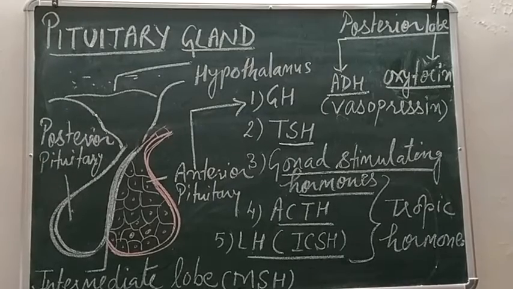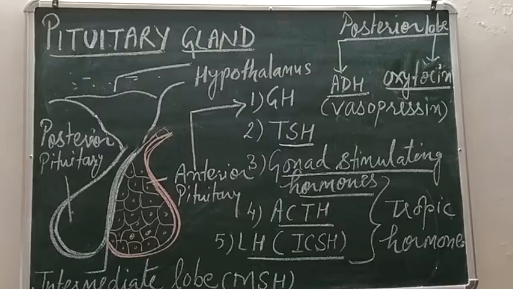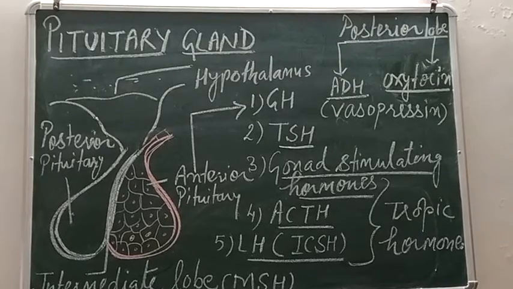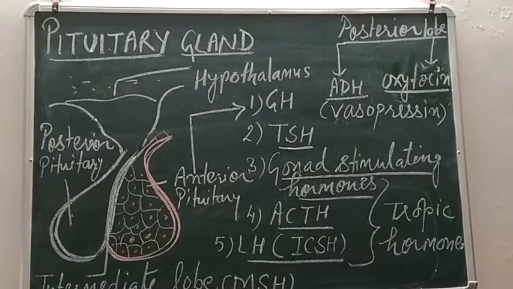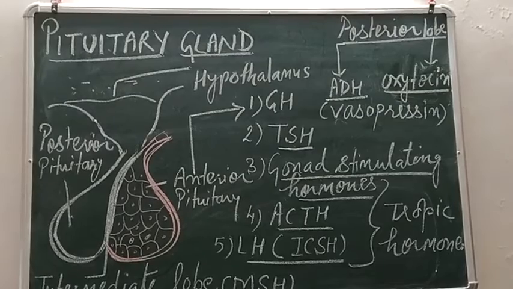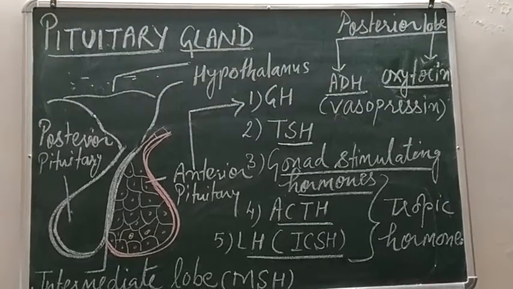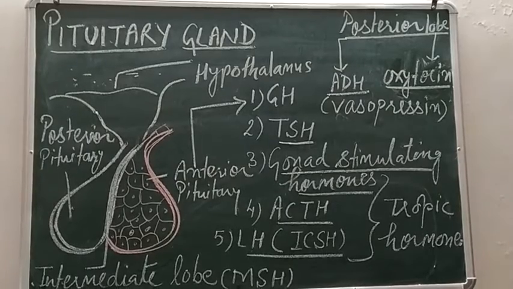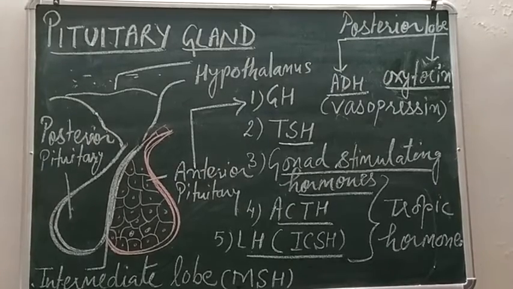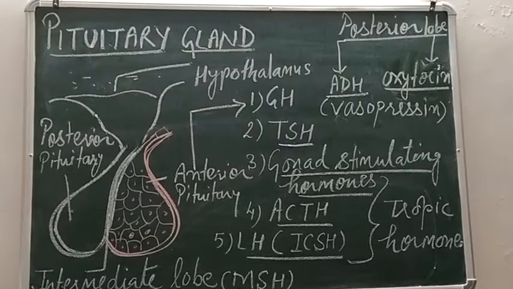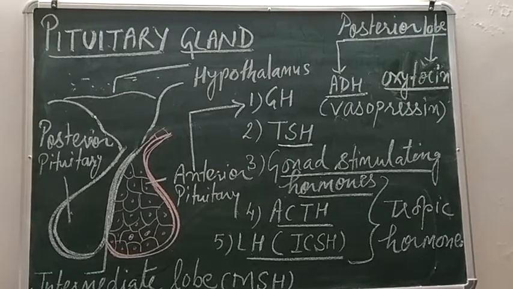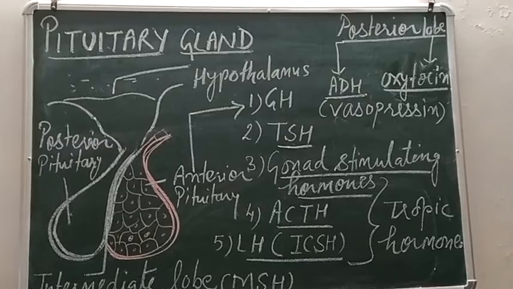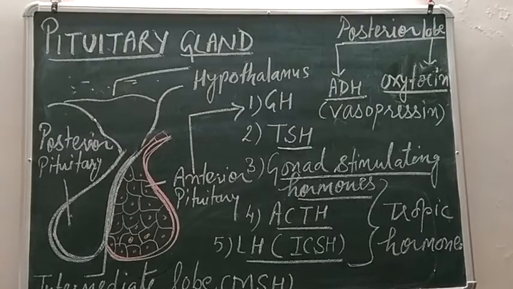Diabetes insipidus means in this condition there will be loss of water from the body. That means a large amount of urine formation will take place due to deficiency of ADH hormone, because most of the water will be excreted out, and as a result there will be loss of water from the body.